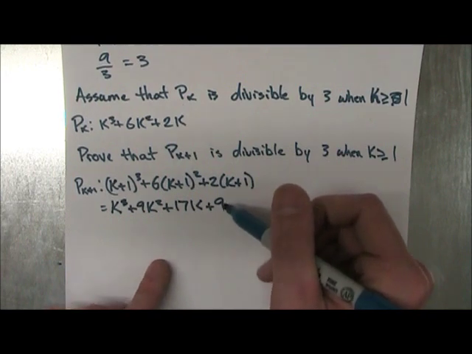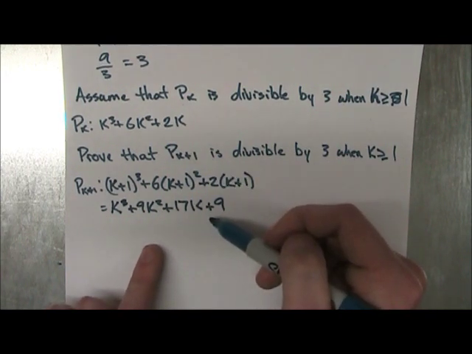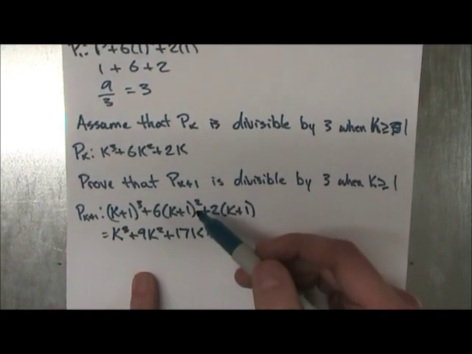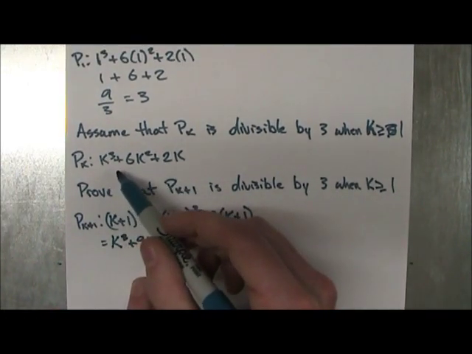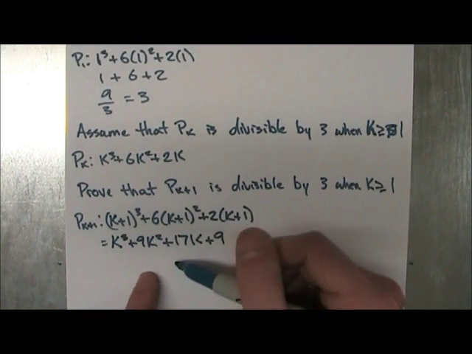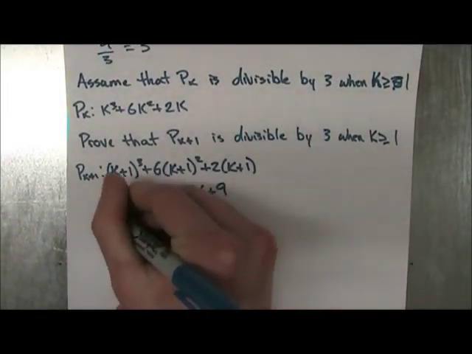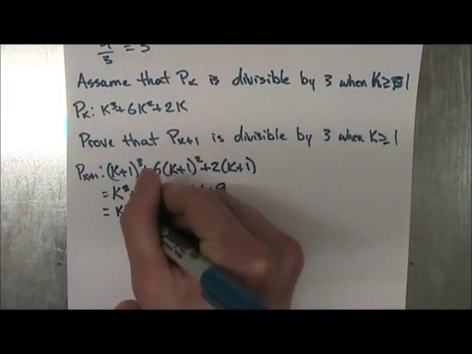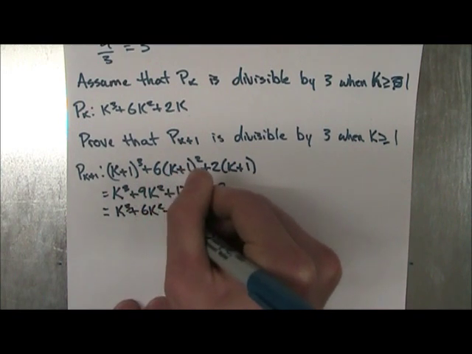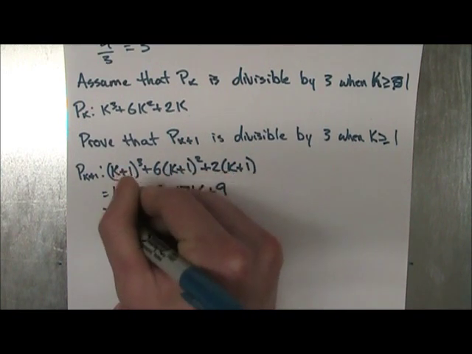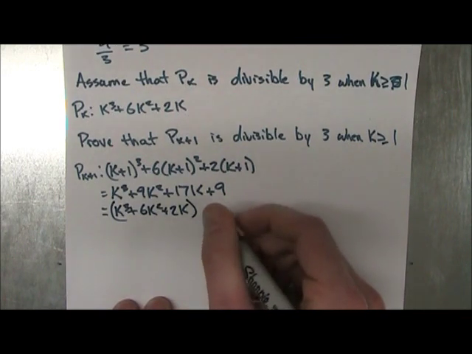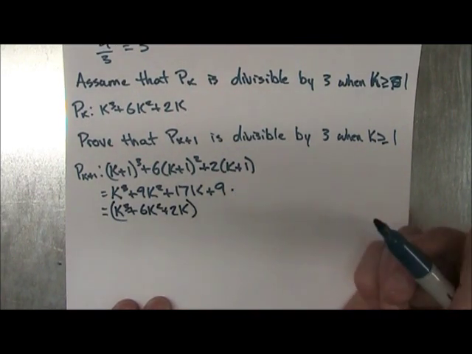In this case, it's very easy to see that we can factor out our Pk, k cubed plus 6k squared plus 2k, out of this. So I'm going to write Pk, and then see what I have to add to Pk to give me back this.